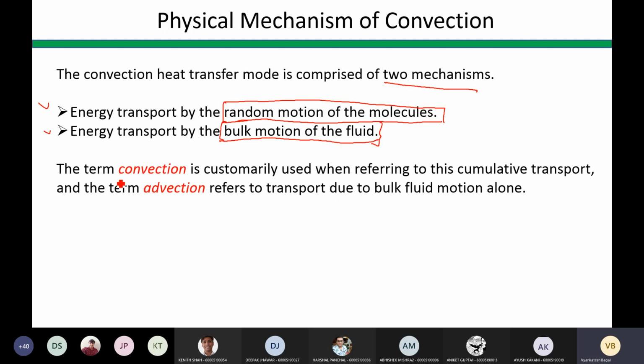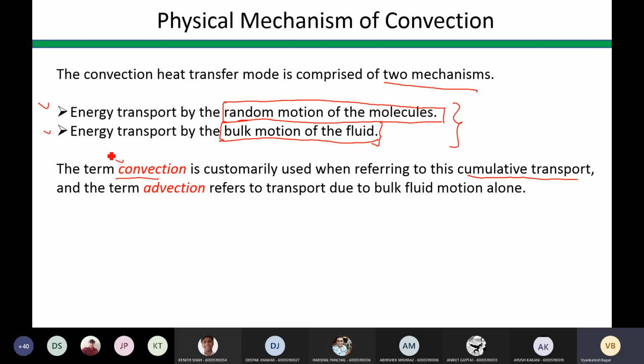Now, the term convection is used when referring to cumulative transport. So when both these mechanisms are there, we generally call it convection. Means the heat is transferred by the random molecular motion as well as the bulk motion of the fluid. In that case, we call it convection heat transfer.